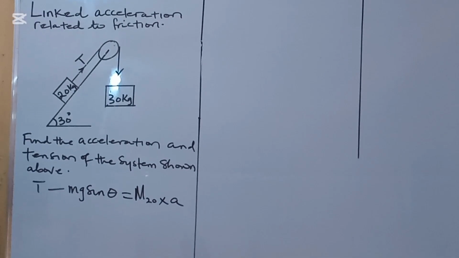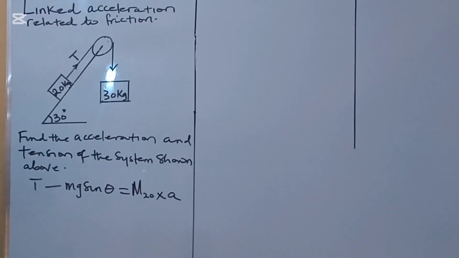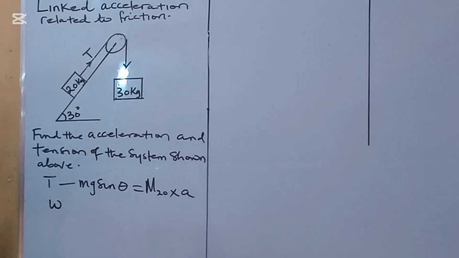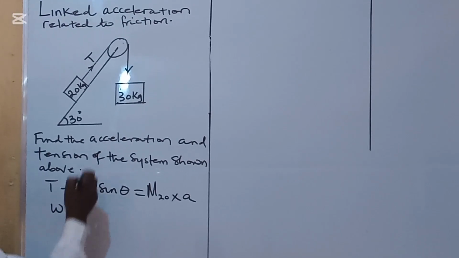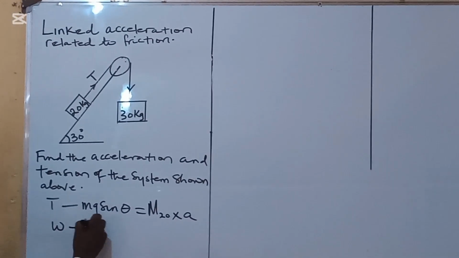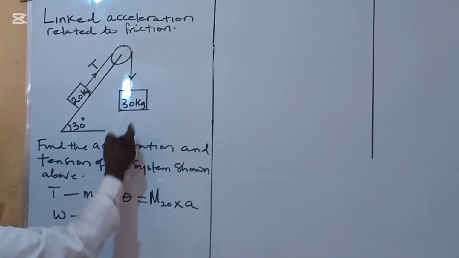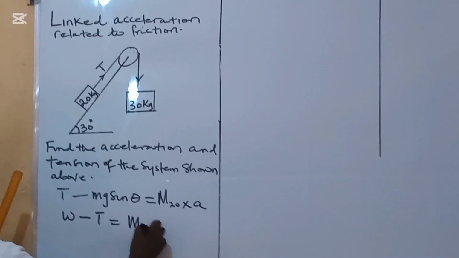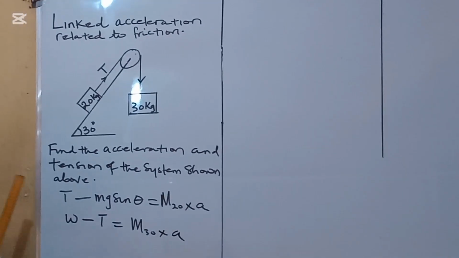And let us look at equation number 2. Now we have this weight W minus the tension T is equal to what? The mass of 30 kilogram times the common acceleration.